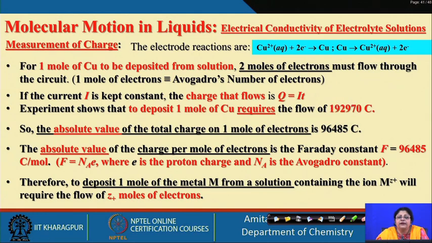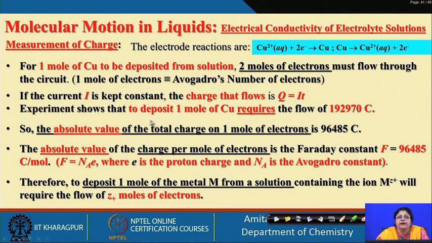So, if I want to find out the charge for 1 mole of electrons, then this will be divided by 2. This is corresponding to the flow of charge equivalent to 2 moles of electrons. This is what we have interpreted the reaction to be. For deposition of 1 mole of copper, we require 2 moles of electrons to flow through.